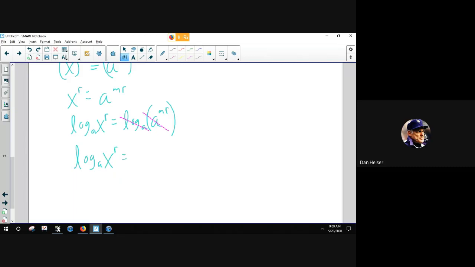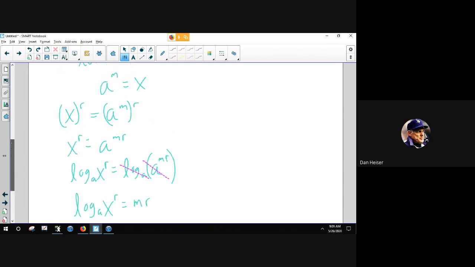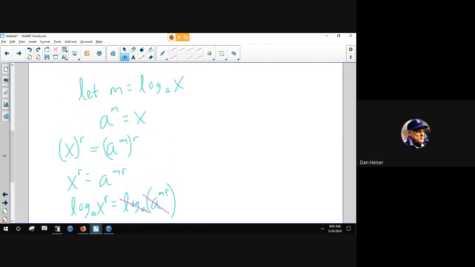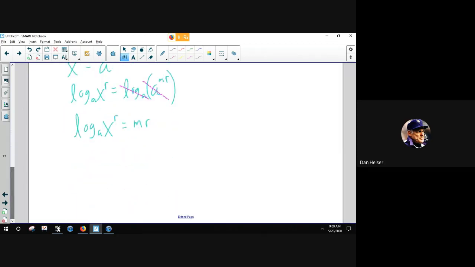On the right-hand side, we're left with just mr, but we know that m is equal to log base a of x. I'm going to put the r in front of it, though. Switch the order. R times log base a of x.